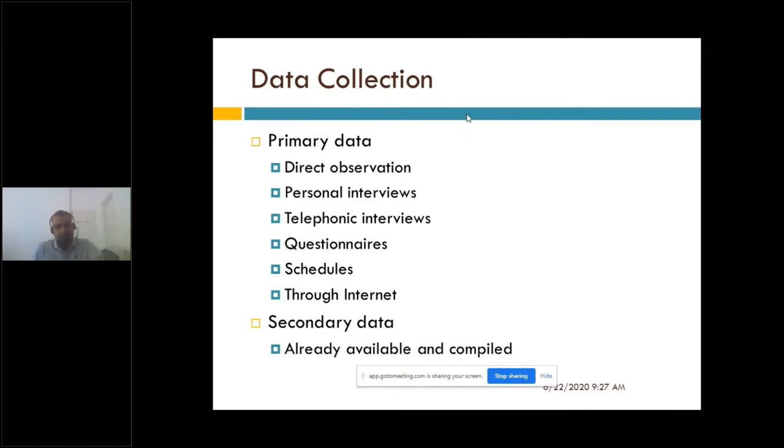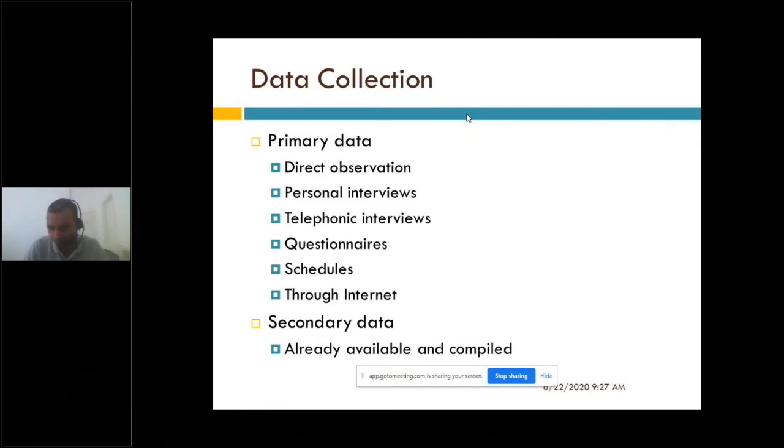Now, primary data can be collected through different methods. Direct observation: in sociological or anthropological studies, you will find that direct observation is important. We take interviews, or we can take direct observation, we record, we interview. Direct observation gives the benefit that you can interact with your respondent.